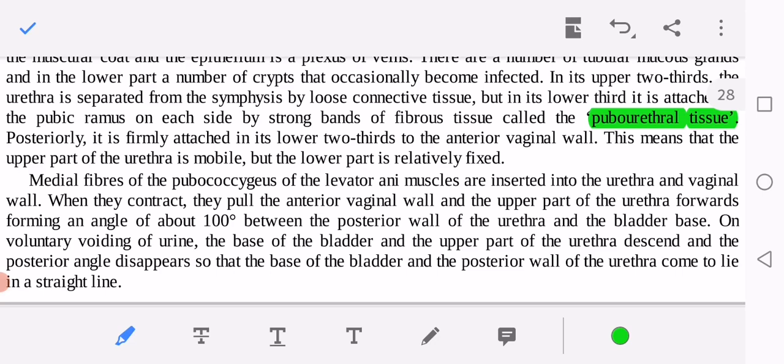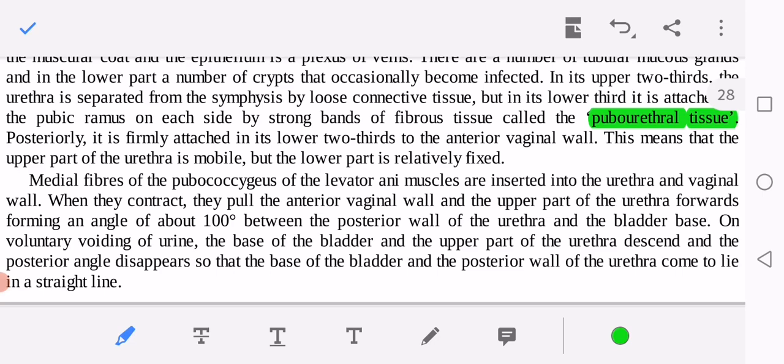And posteriorly, it is firmly attached in its lower two-thirds to the anterior vaginal wall. This means that the upper part of the urethra is mobile, but the lower part is relatively fixed. Medial fibers of the pubococcygeus of the levator ani muscles are inserted into the urethra and vaginal wall.